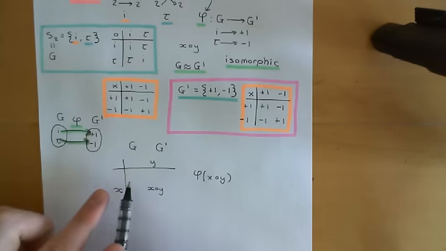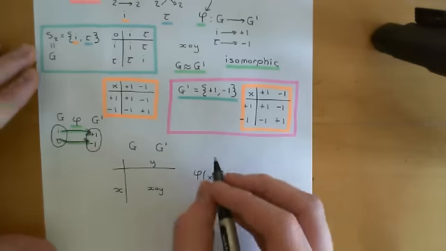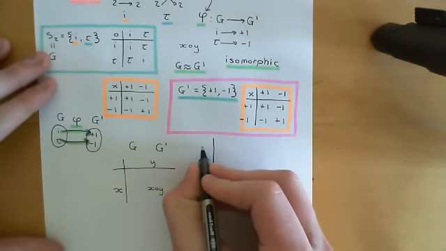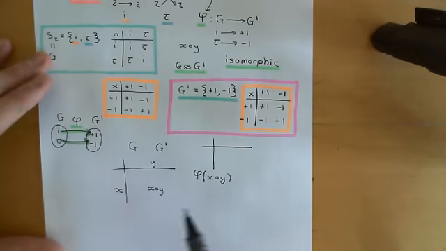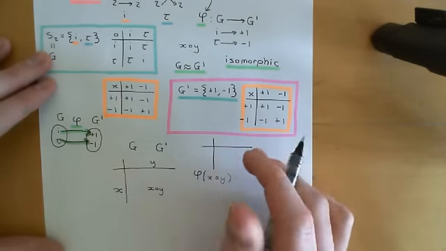That needs to be the analogous term in G prime. Now, what's the analogous term in G prime? Well, let me just put the composition table of G prime up here. Okay, well, what is the analogous term in G prime?